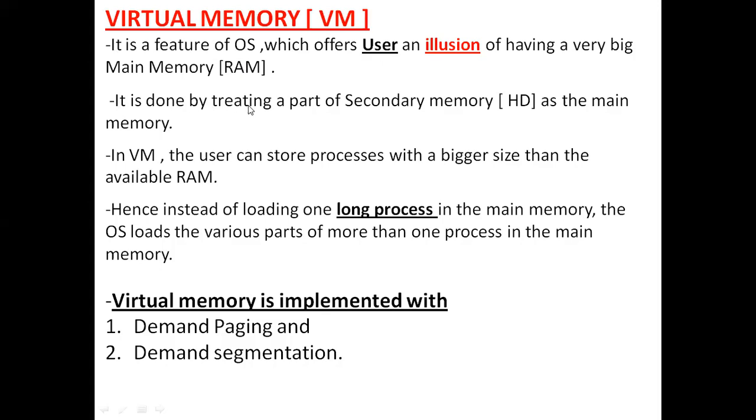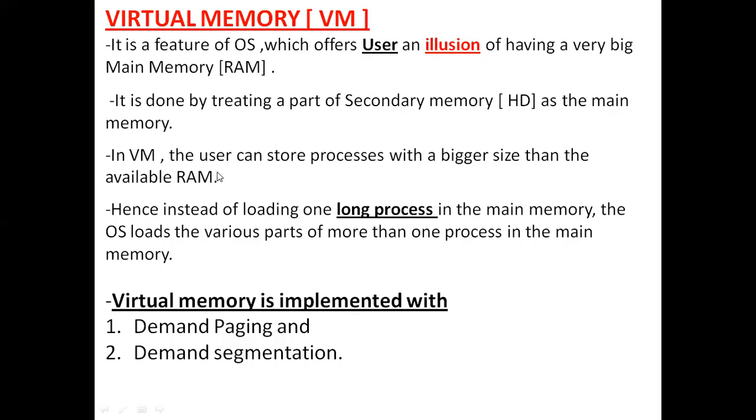It is done by treating a part of the hard disk as the main memory. A part of the secondary memory is considered as the main memory itself. In virtual memory, the user can store processes with a bigger size than the available RAM.